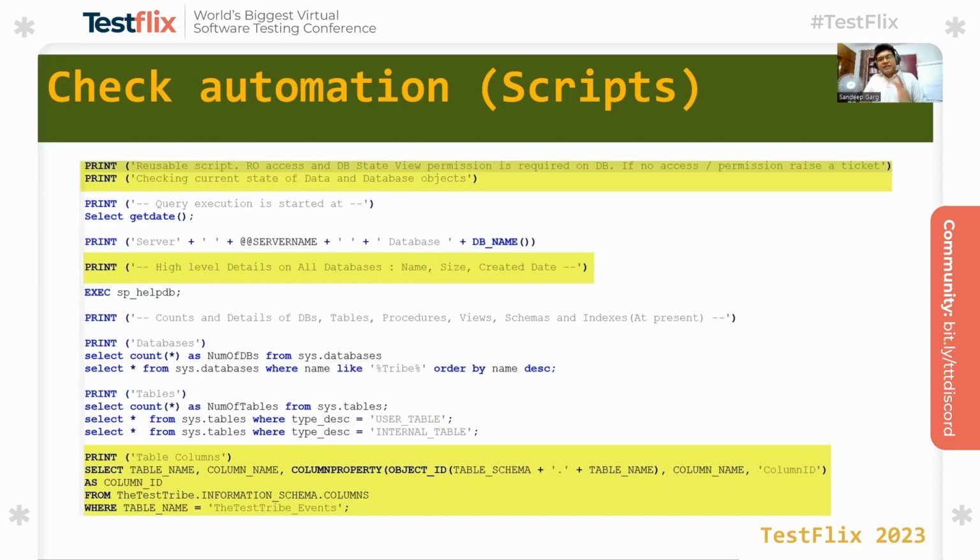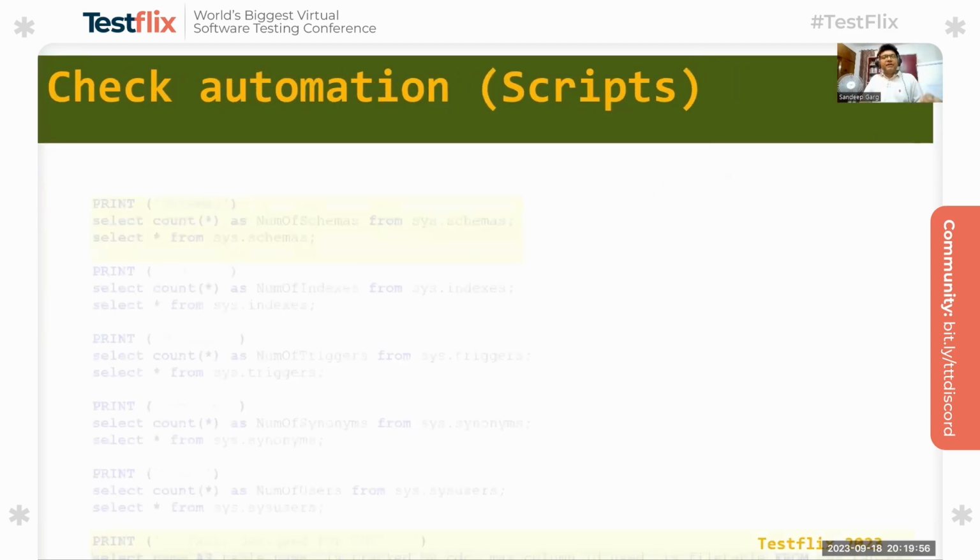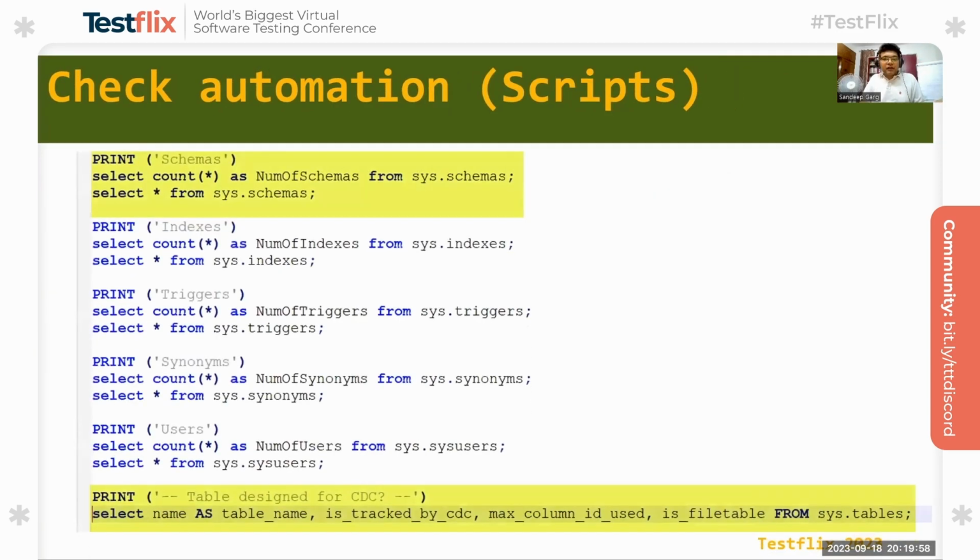With all these things, why can't we prepare a list of checks in the form of SQL queries which are reusable, distributable, can be parameterized, can be used as a batch, and can be run by any person? No need to be that technical as far as SQL is concerned. These are all checks, SQL queries, right?